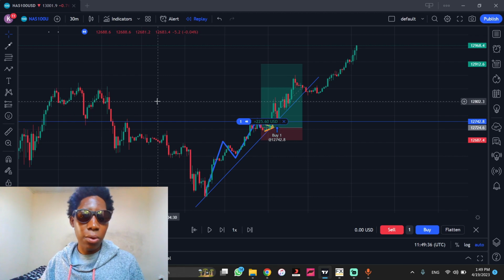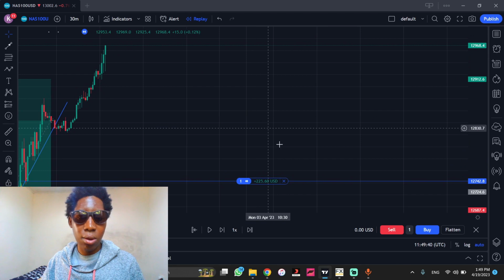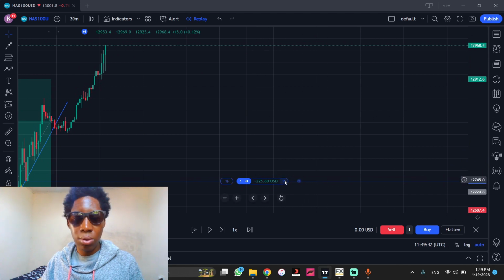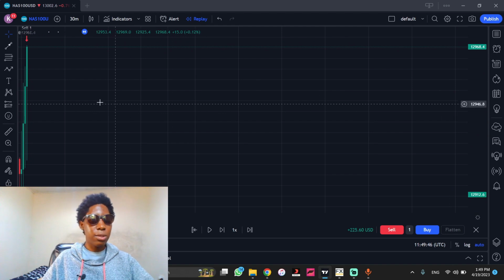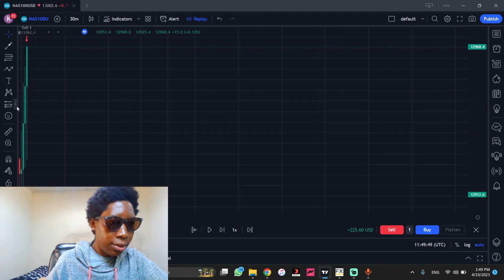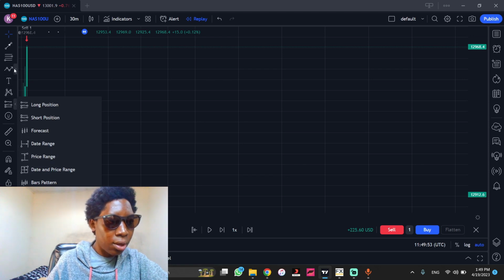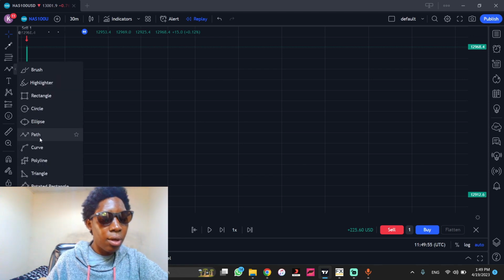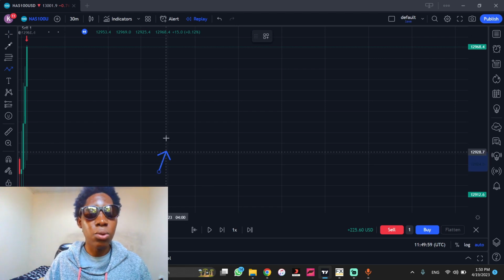So I'm going to repeat that right now. I'm going to go to the open chart. Here's what I did. First of all, if it's an uptrend, I have to start from below, which is low.